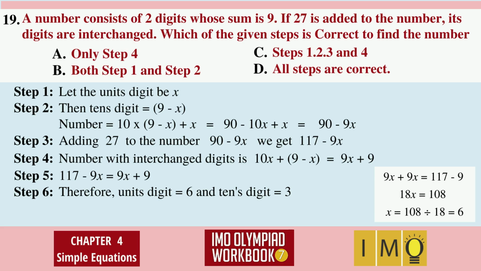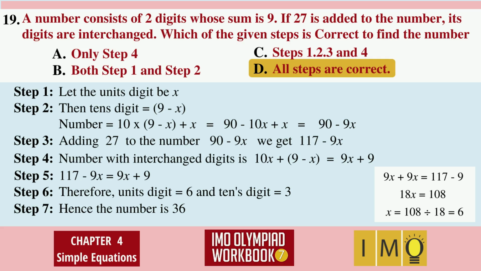So our step 6, which mentions that the units digit is 6 and tens digit is 3, is also correct. So step 7, the number is 36, is also correct. So our right option is option D, in which all the steps are correct.